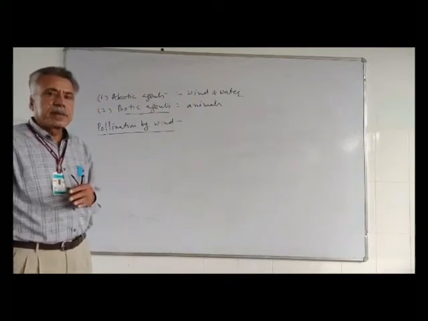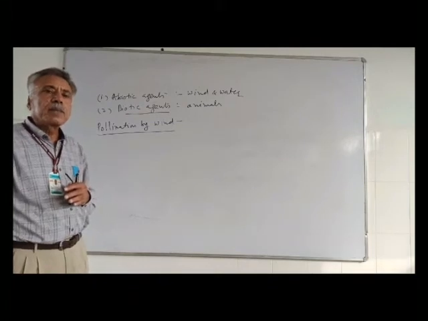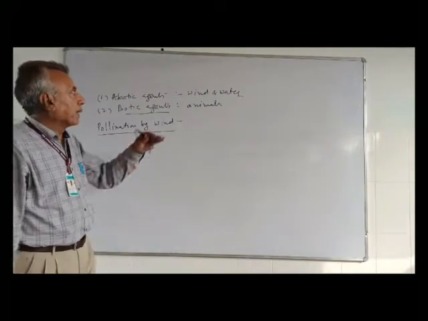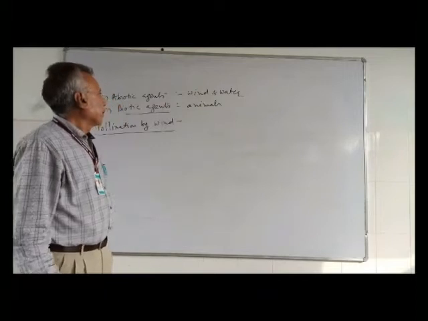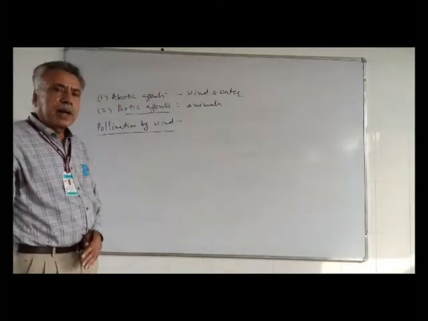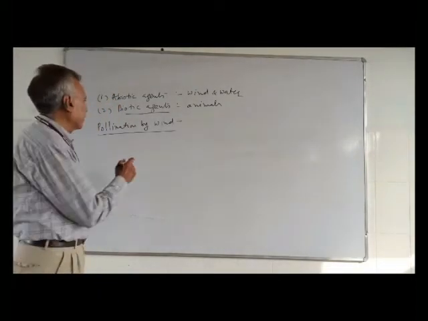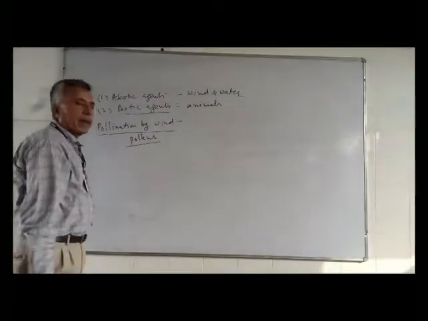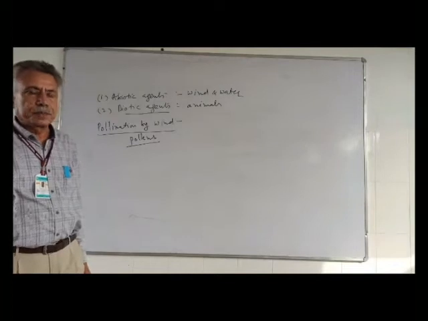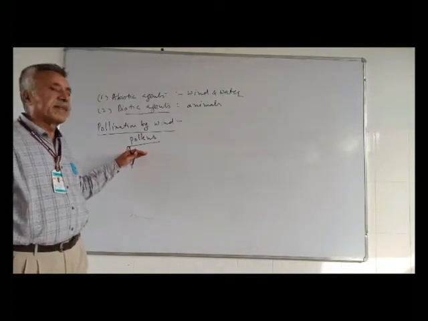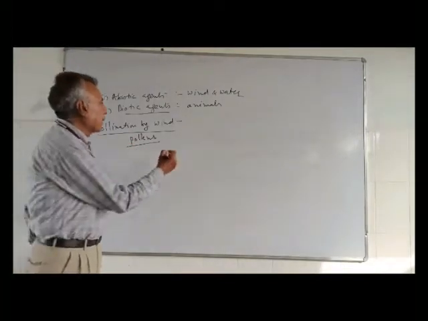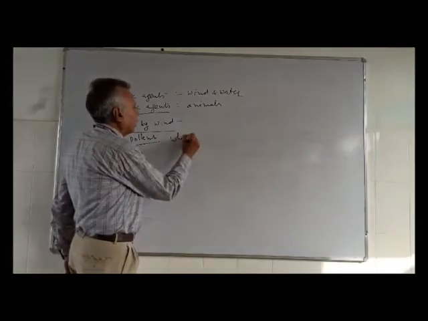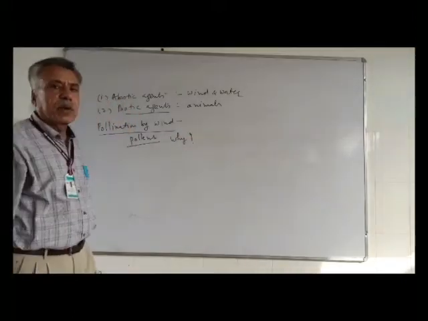The flowers pollinated by wind and water produce a large amount of pollen. It is an adaptation. Now the question is: why are large amounts of pollen produced by these flowers?